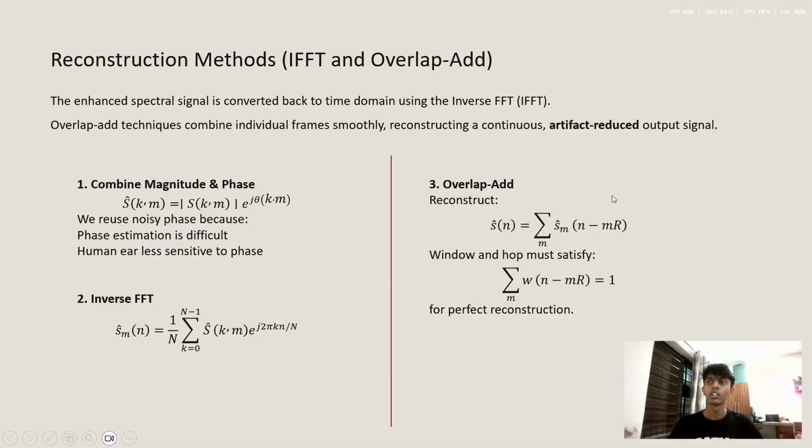Now note, while framing, it was n plus mR. So while reconstructing it, it will become n minus mR. And it must also satisfy this given equation for the perfect reconstruction.